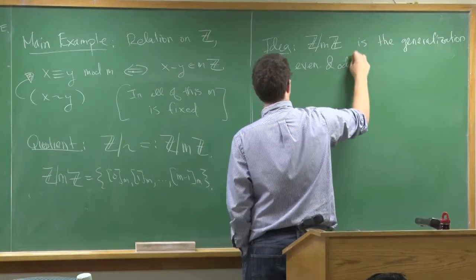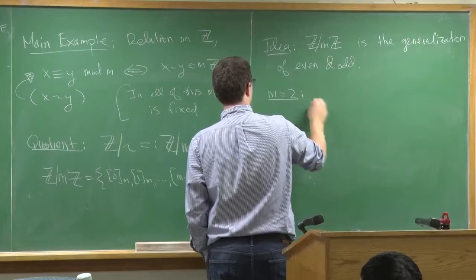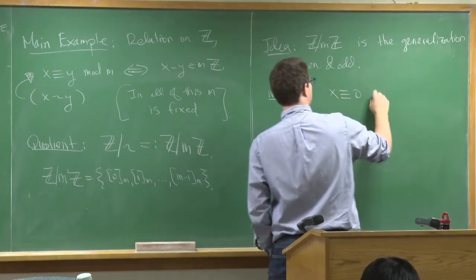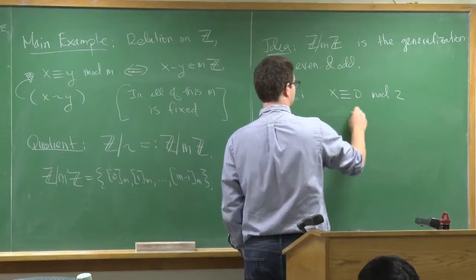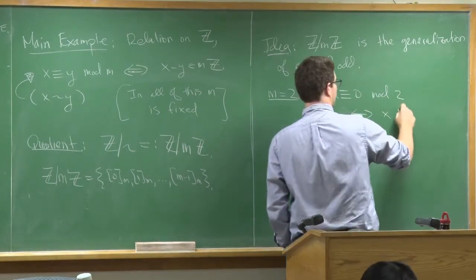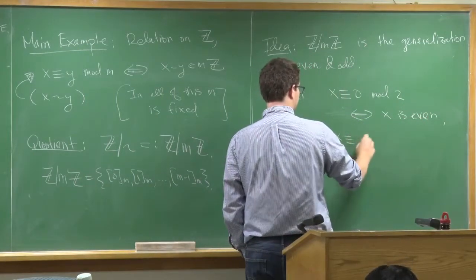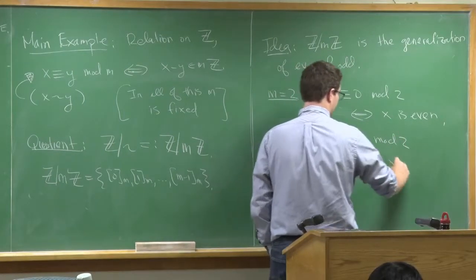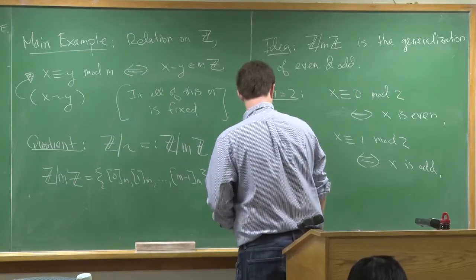When m is equal to 2, x is congruent to 0 mod 2 if and only if x is even, and x is congruent to 1 mod 2 if and only if x is odd.